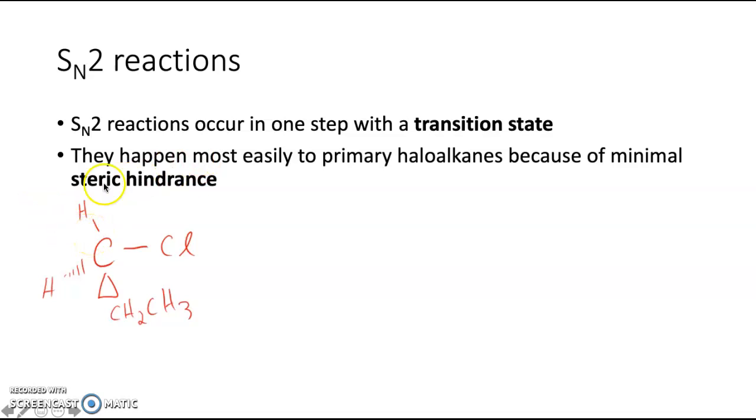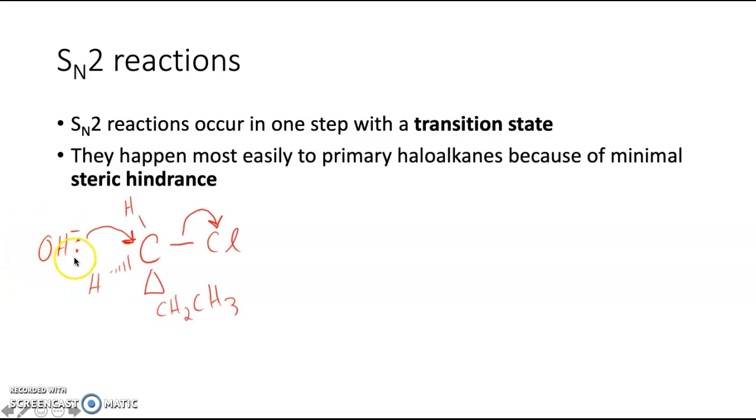So minimal steric hindrance means there's not a lot of stuff in the way for a reaction to happen, and high steric hindrance means there are big, bulky groups in the way that prevent a reaction from happening easily.